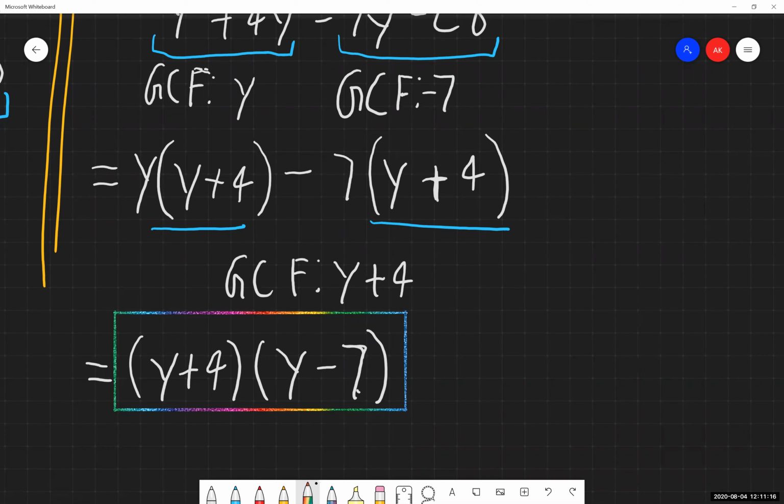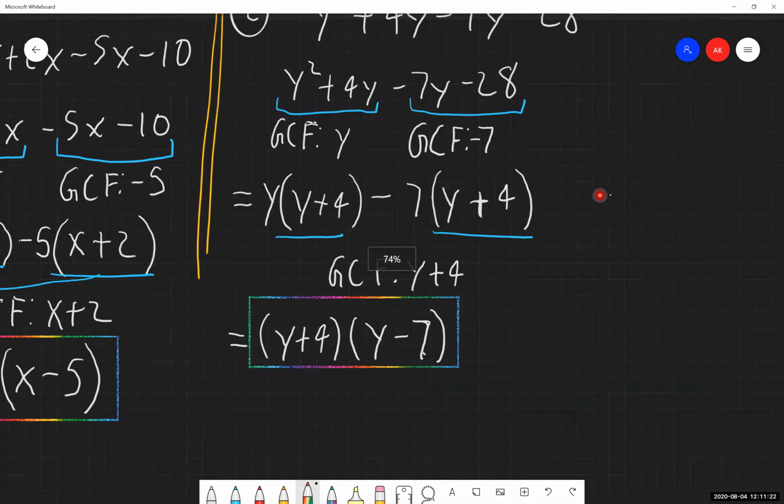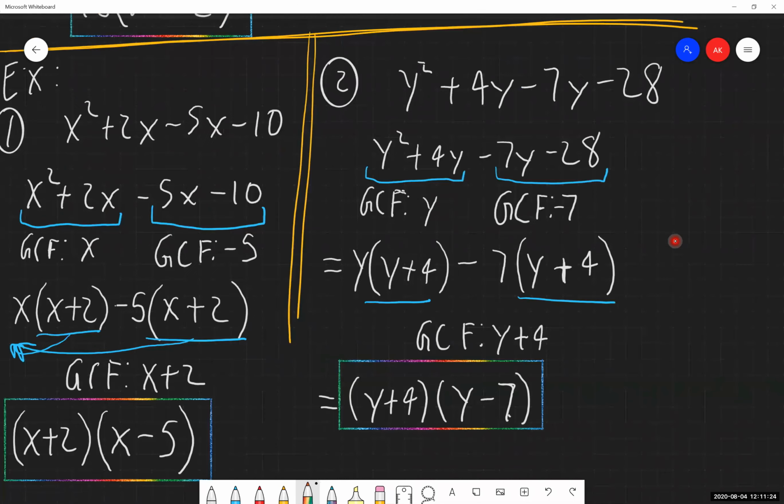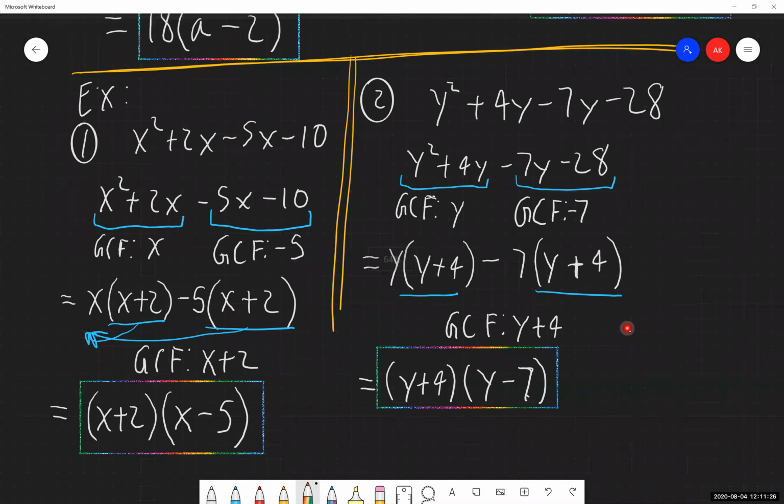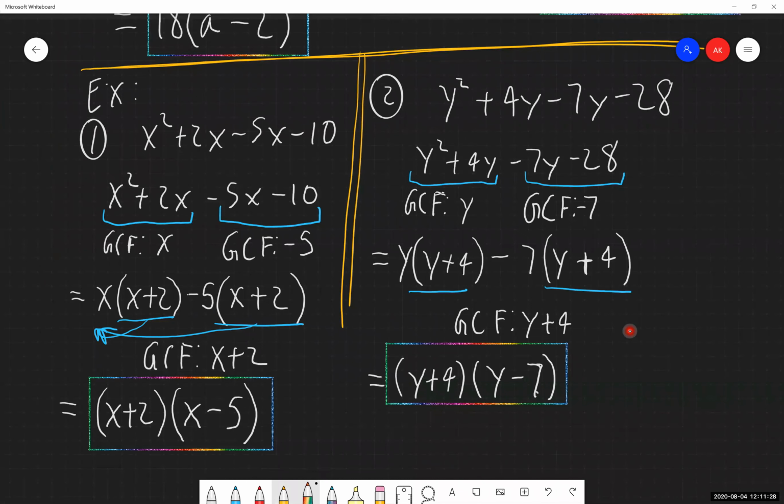So this is our general process for factoring by grouping. We should always be finding, after the first round of factoring, that in our second round of factoring we have a binomial that is the exact same. In our first example, they both had an x plus 2 in them.